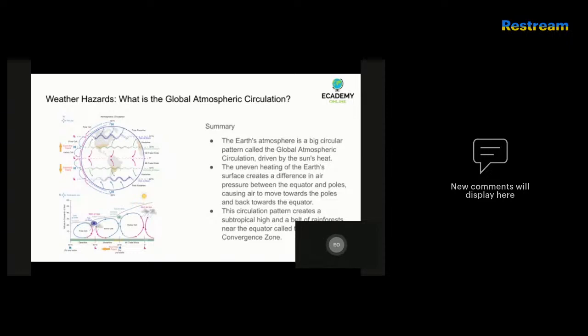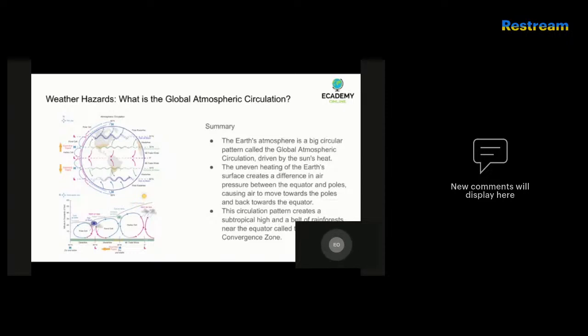Now, as it does that, it also picks up moisture from the ocean, and it creates a belt of tropical rainforests near the equator called the intertropical convergence zone. There are lots of other factors that affect the global atmospheric circulation, such as the Earth's rotation and the distribution of land and water on the planet.